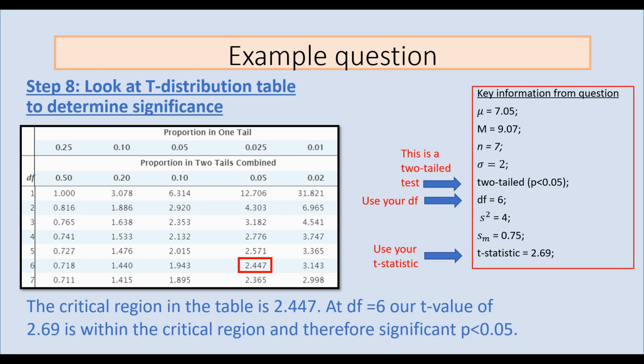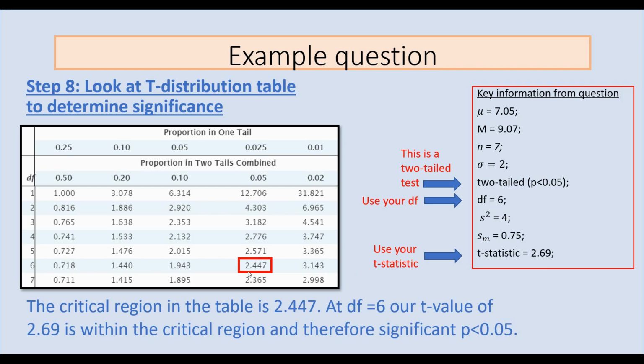This is suggesting at 6 degrees of freedom, the p-value of 0.05 equals 2.447. And we know, if we look at our table over here, our t-statistic is significant because it is 2.69.